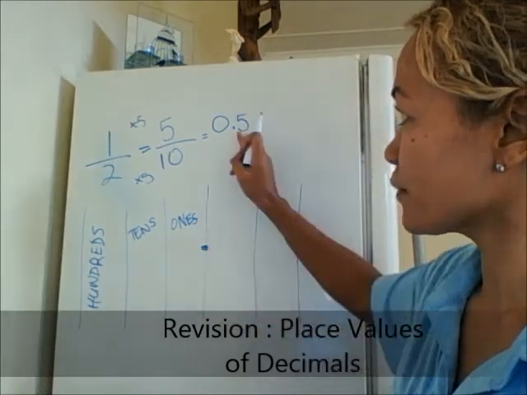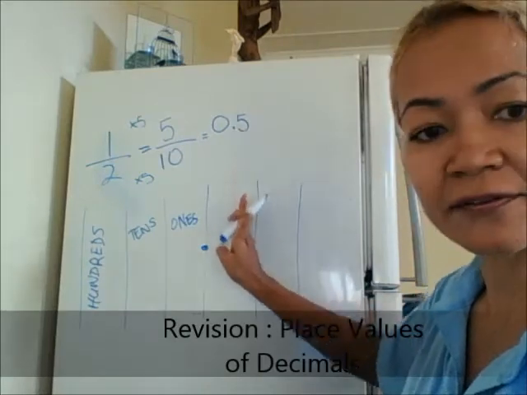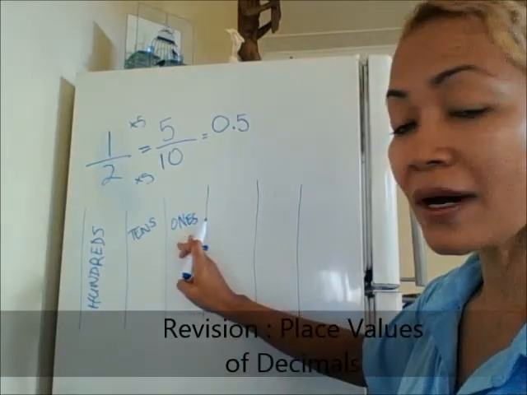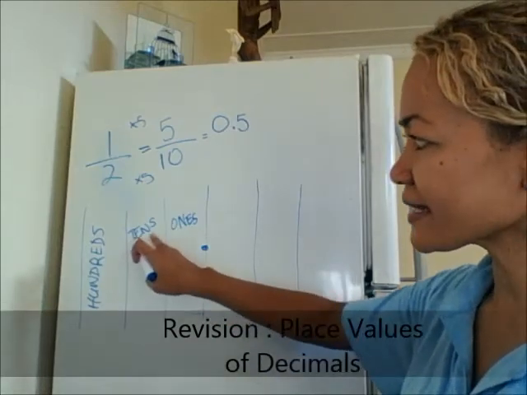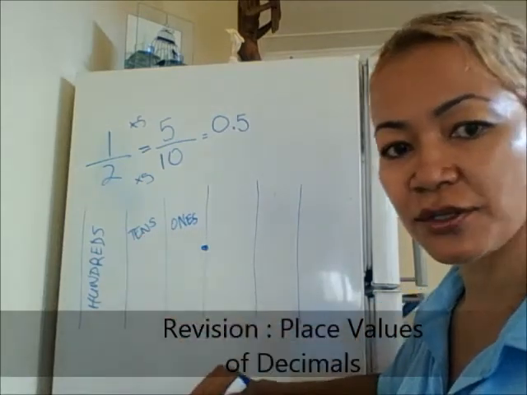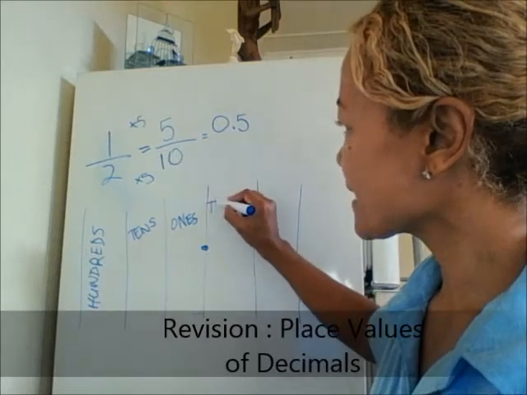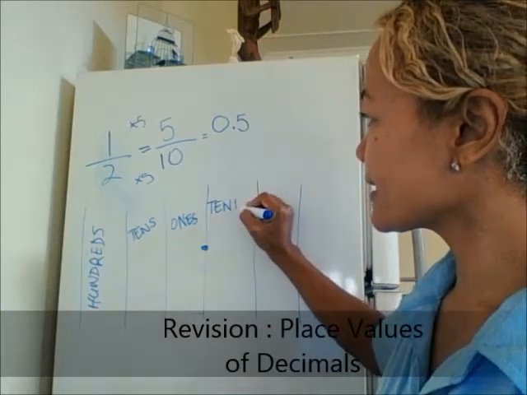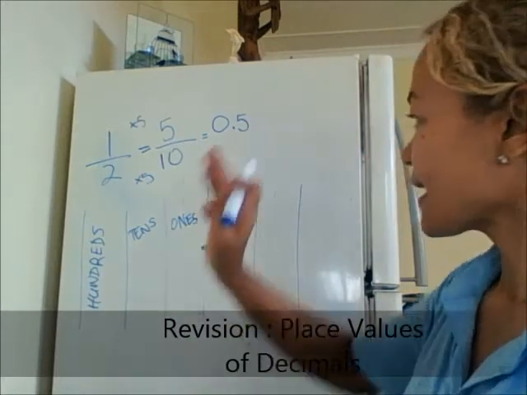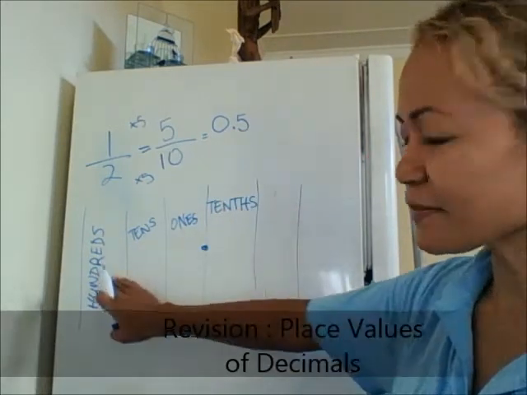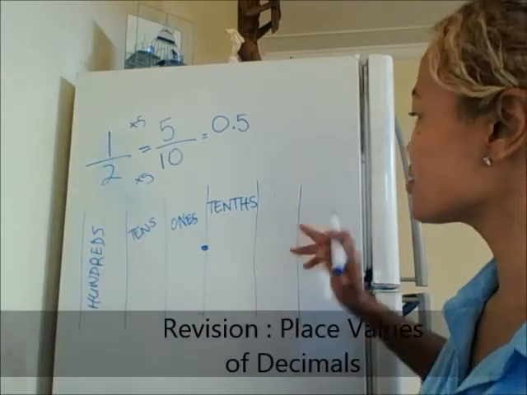After the decimal point, the first column is not ones on this side, it's tenths. So same spelling as here, except you've got a T and an H on the end of it. So tenths. And the next column after, similar to hundreds, except with TH.